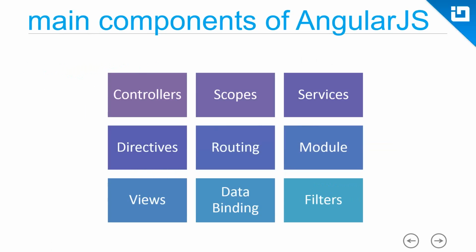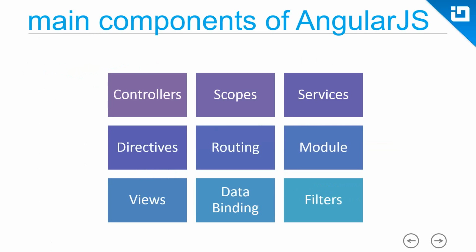Then routing means how you route from one view to another view. Modules are nothing but a kind of namespace in C#. They contain various controllers, scopes, services, and directives inside them. Then we have views, which are what you see in your browser. Data binding deals with how you bind data from controller to views.